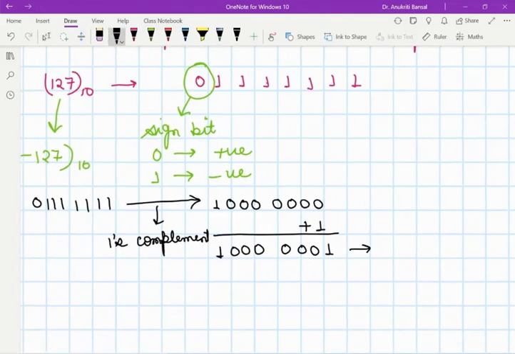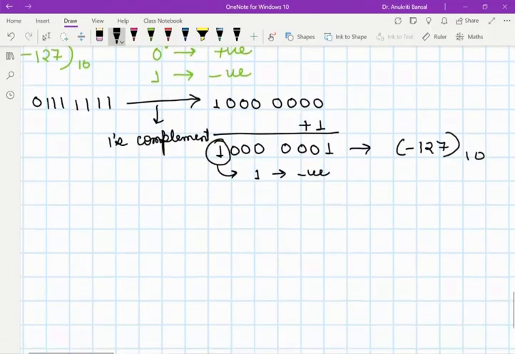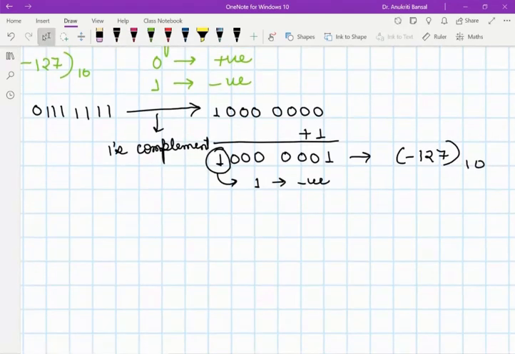So this is my minus 127. And if we see, this most significant bit is 1, which represents negative number. Is this clear? Is this clear how to find out 2's complement?